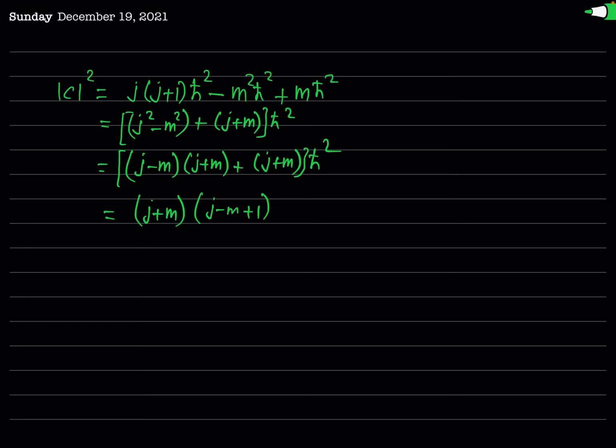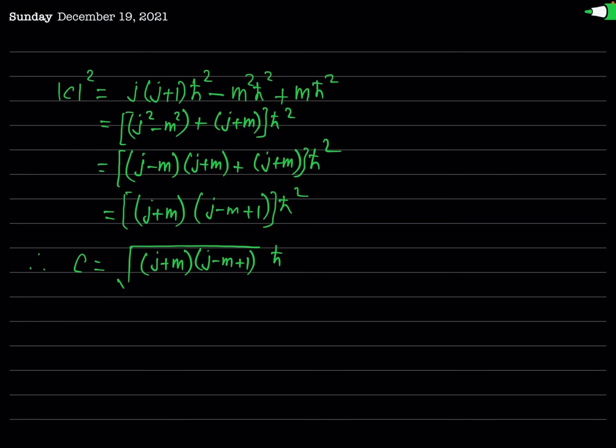In fact, there will be j minus m plus 1 times h bar square. So if you take only the real positive value of c, then c will be equal to the square root of j plus m times j minus m plus 1 times h bar. This is actually the value of c.